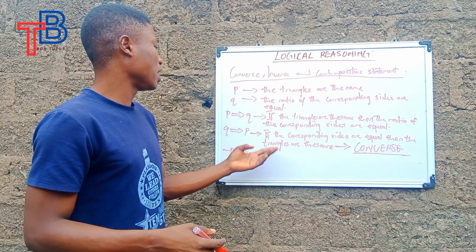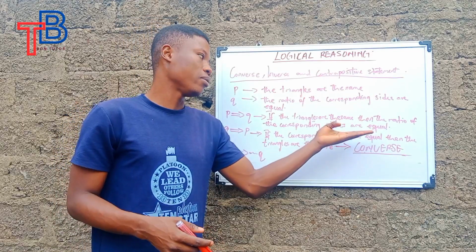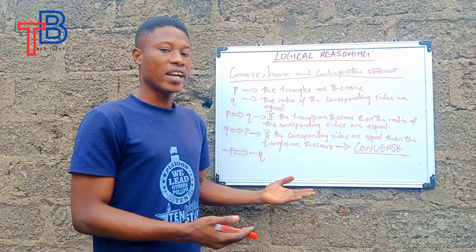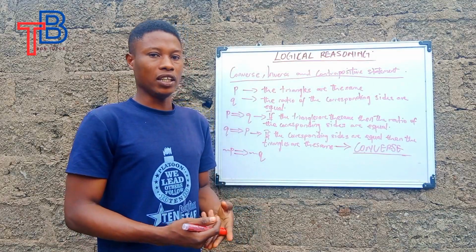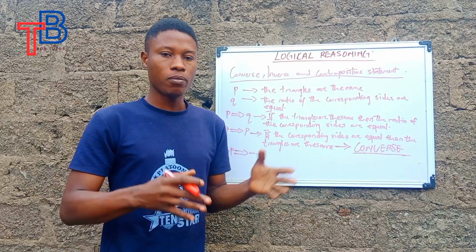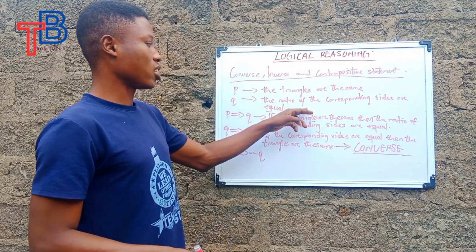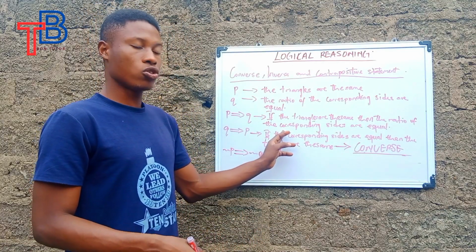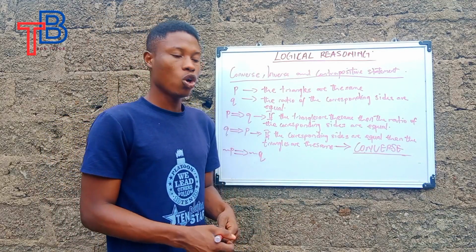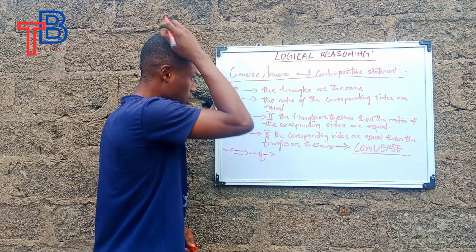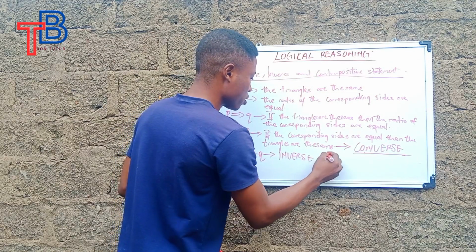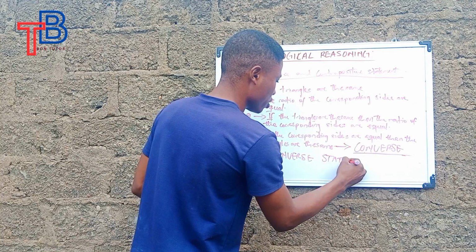The statement will be: if the triangles are not the same, then the ratio of the corresponding sides are not equal. That means you negate the two statements in the conditional statement and you will end up having the same result. Because if this statement is true, this statement also will be true, and the inverse statement also will be true. So negating the two statements is what we call the inverse statement.